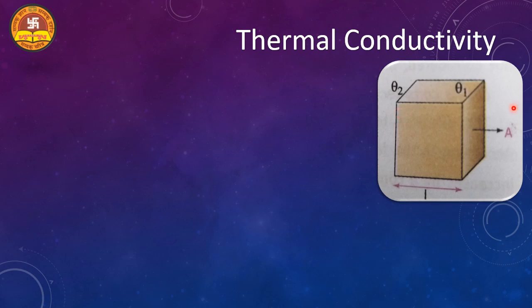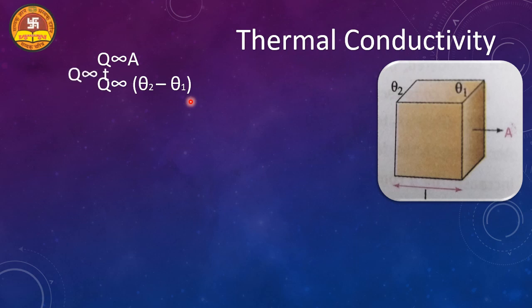Now if Q be the quantity of heat conducted through the solid bar, then it is experimentally found that it is directly proportional to the area of cross section of the bar. Next, Q is proportional to the difference in temperature between its two ends. That is, Q is directly proportional to theta 2 minus theta 1.